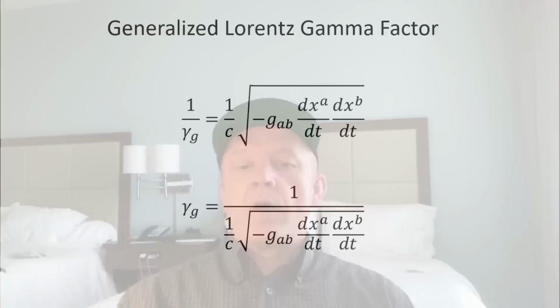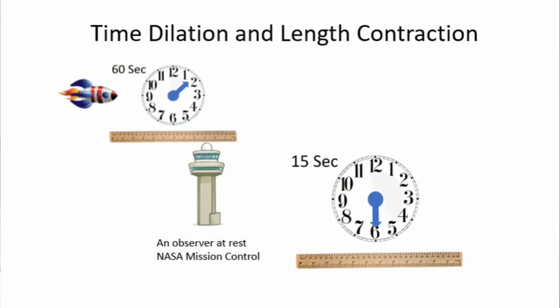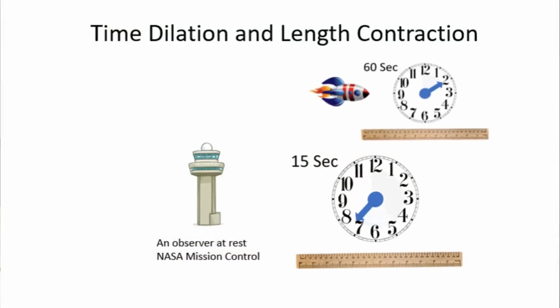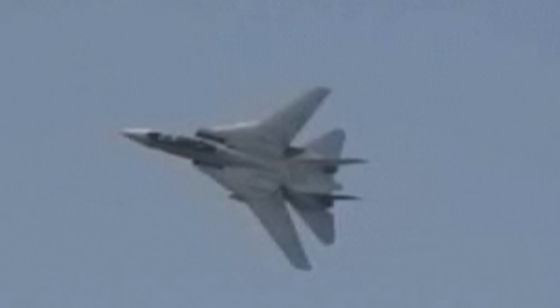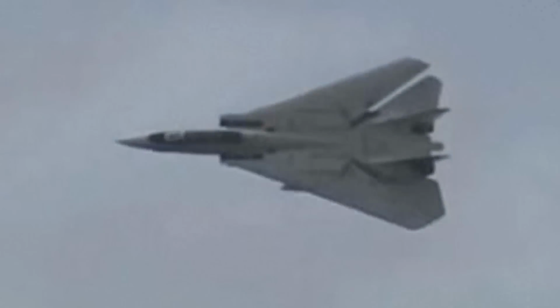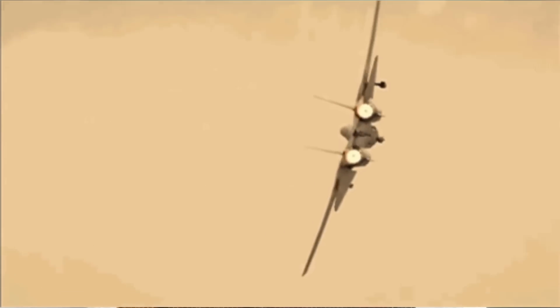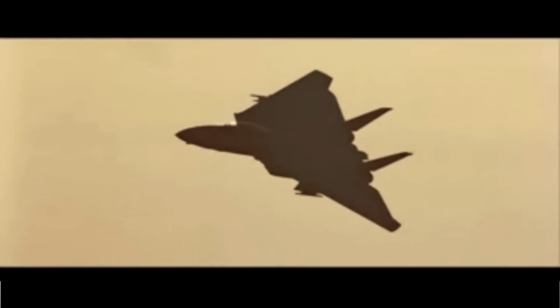Now, from the line element and the metric, we can develop a generalized Lorentz gamma factor. This Lorentz gamma factor is used to translate information from our length and time, and I've explained this in other videos. So when I'm in a spacecraft or an aircraft and I'm traveling along, my measurements of time and distance are going to be different versus somebody who's sitting in a control tower.